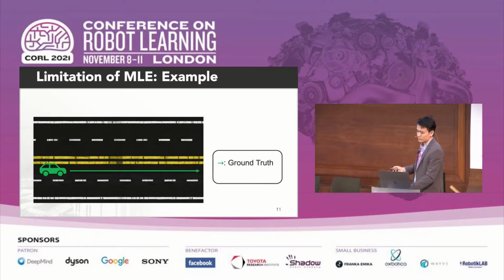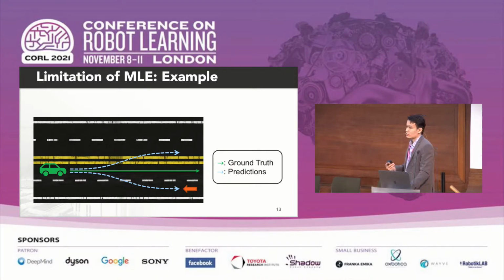Let's see a simple example. Assume we have a green car here, driving on a road, and the ground truth future is go straight, denoted as the green arrow. Let's say we have two different predictions here, denoted as the blue arrows. One is switching to the right lane. The other one is switching to the lane with the opposite direction.